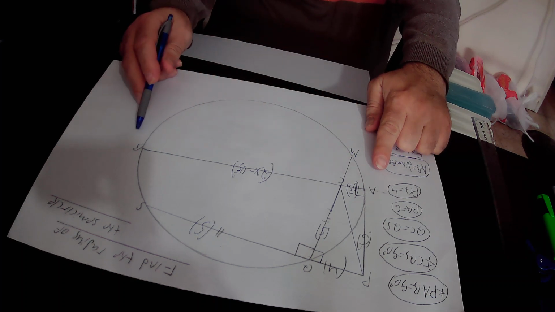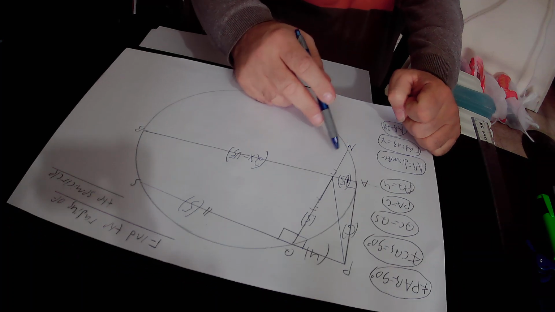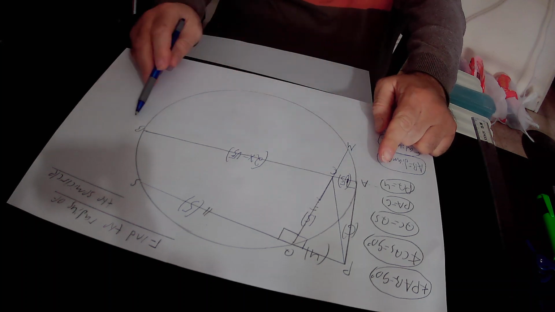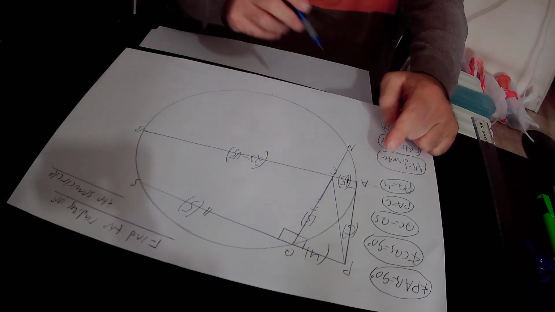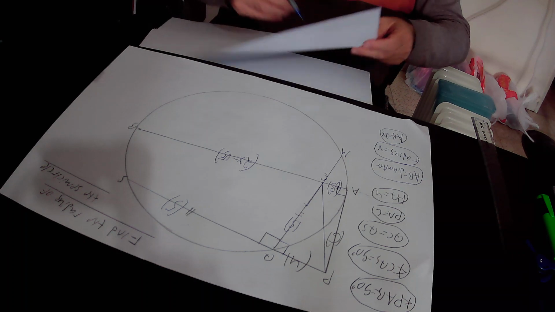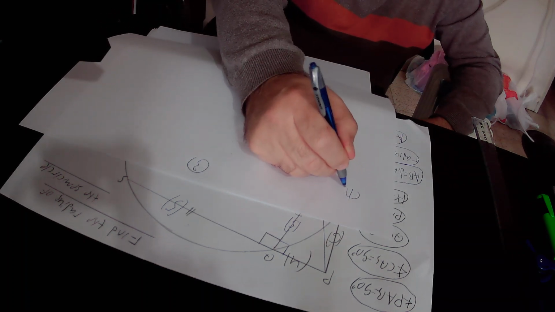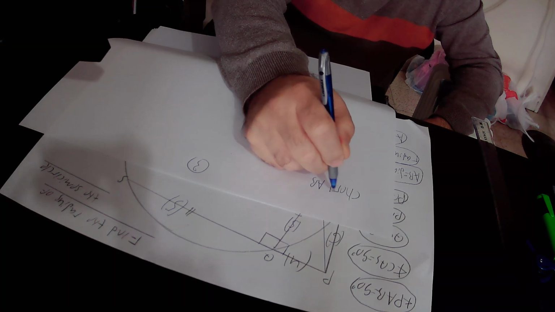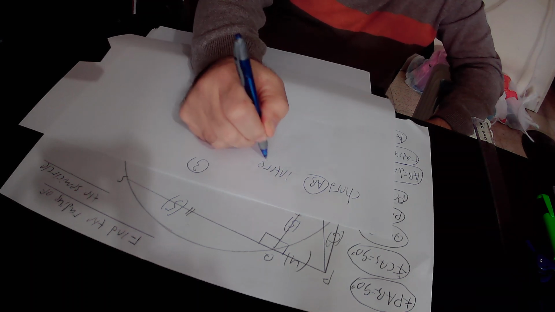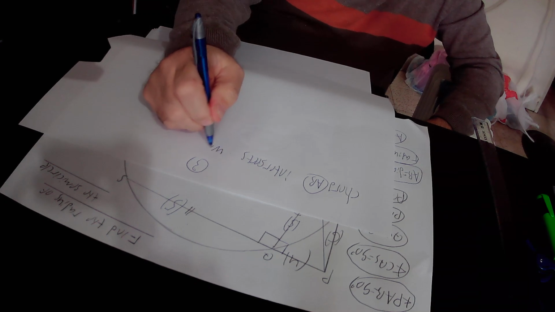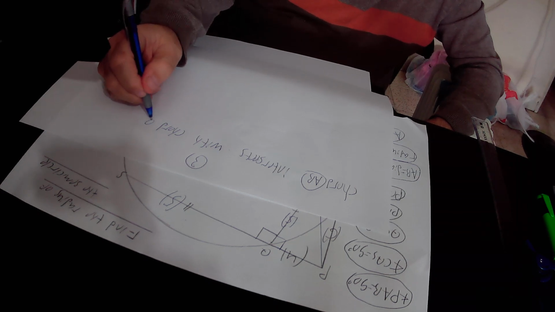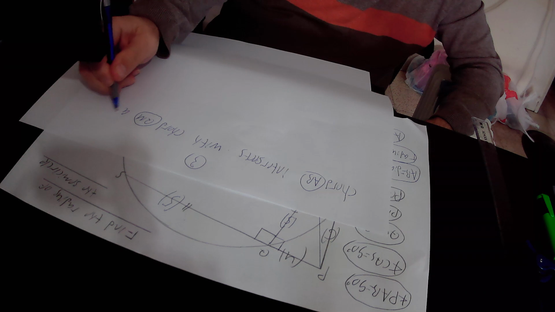Chord AB intersects with chord QM at point C. So I write it down: in our original drawing, chord AB intersects with chord QM at point C.